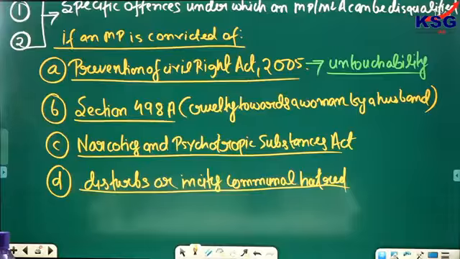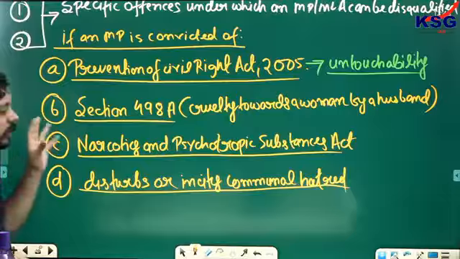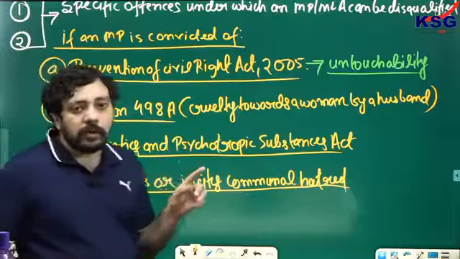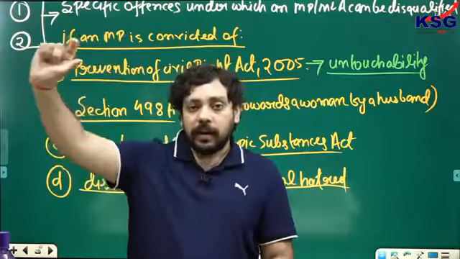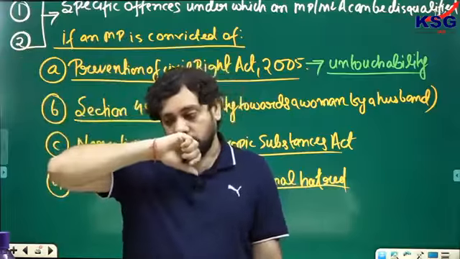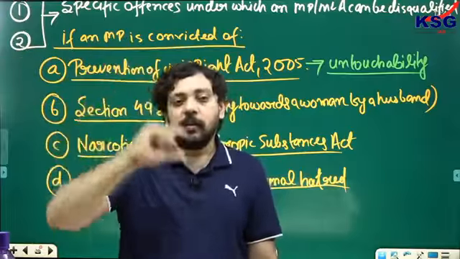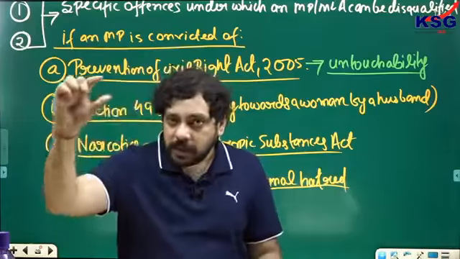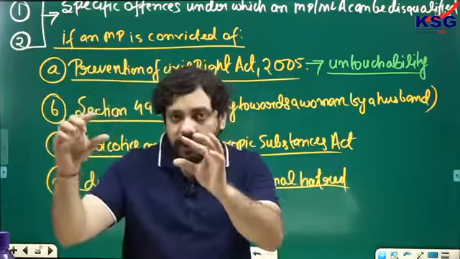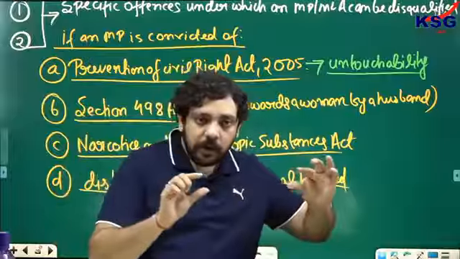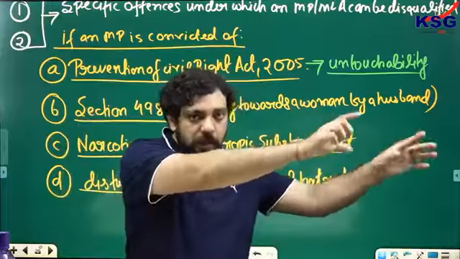If a person has been convicted under these offences, that person can be disqualified. So let's say, for example, what the parliament can do is, parliament can take any crime, let's say the crime of injuring someone, and the section of that crime from that law can be taken by the parliament and inserted under section 8 subsection 1 or 2.